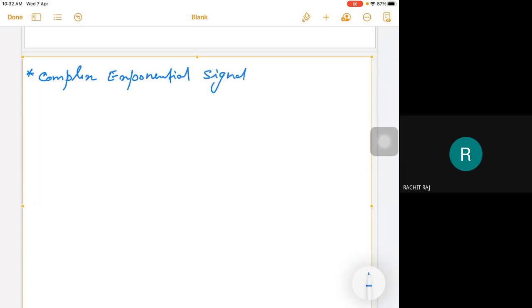Suppose you have a complex exponential. This x(t) equals A e to the power st, where s equals sigma plus j omega. Okay, because that is the complex form. इसके पहले मैंने देखा था both are real, A and alpha दोनों real थी.